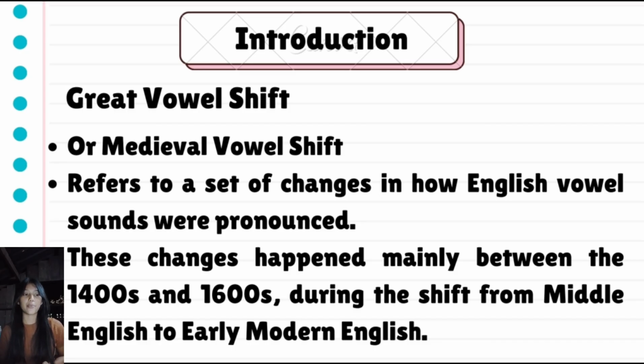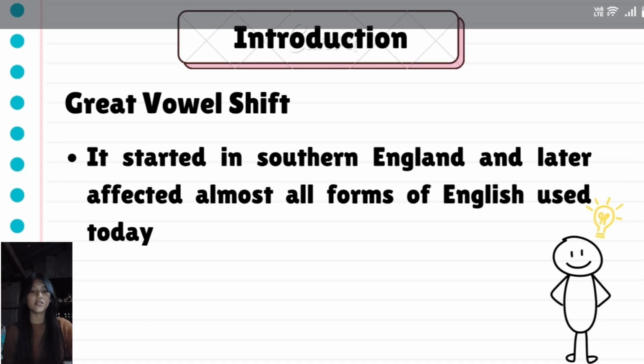These changes happened mainly between the 1400s and 1600s, during the shift from Middle English to early Modern English. It started in southern England and later affected most forms of English today.